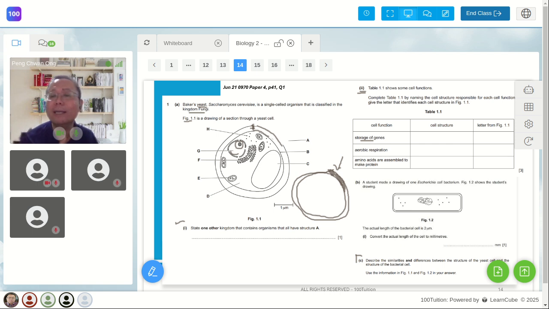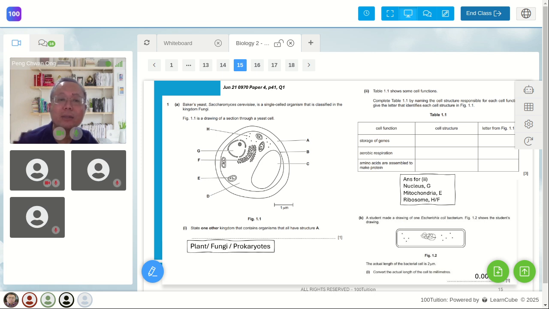The first thing to look at is how many marks are allocated. In this case, 6 marks, that means you must give 6 points. And the keyword is describe, so you need to describe the similarities and differences. I'll show you the answer immediately.